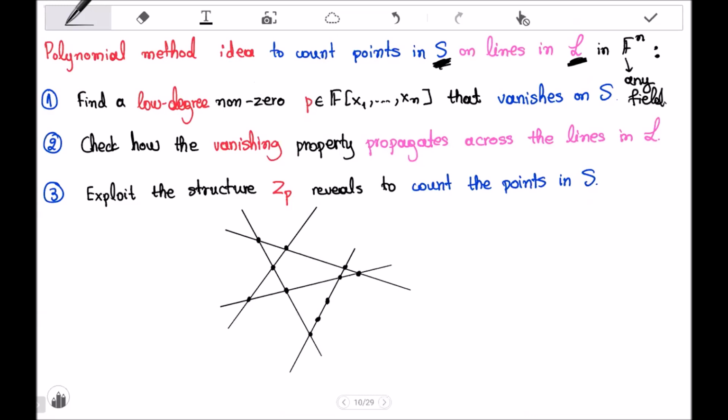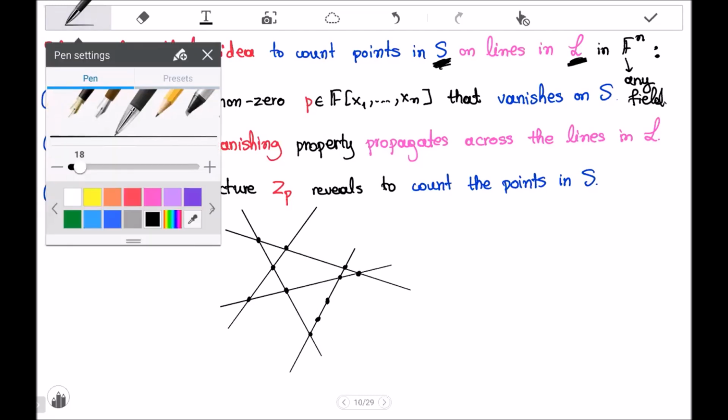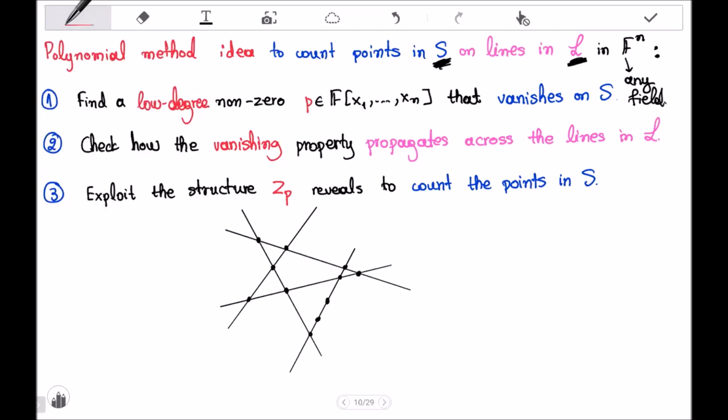The first step is to find a low degree polynomial that vanishes at the points we want to count. So everything red for me is in the zero set of that polynomial. I'm trying to find the polynomial that makes all my points red. I can imagine the zero set as a surface in R^n, for example, passing through all of these points. So here is Z(P), the zero set.